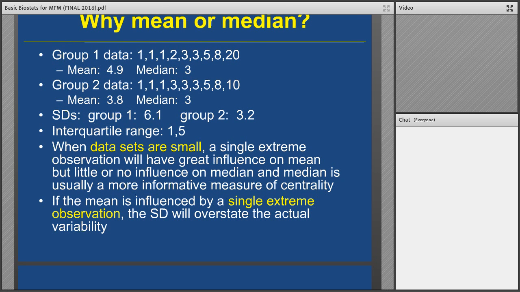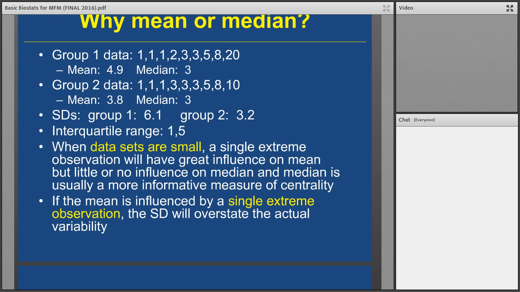So why does this matter? Why does mean or median matter? Well, we can have two data sets, group 1 and group 2, that look very similar. Group 1 data has basically the same numbers except for the last value, 20 versus 10 for group 2. They'll have the same median, but they'll have very different means. There's more skew to group 1 rather than to group 2.